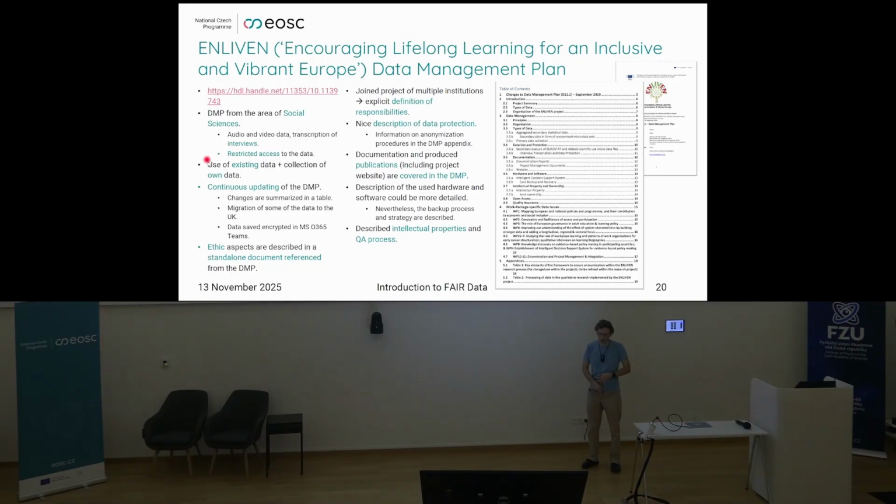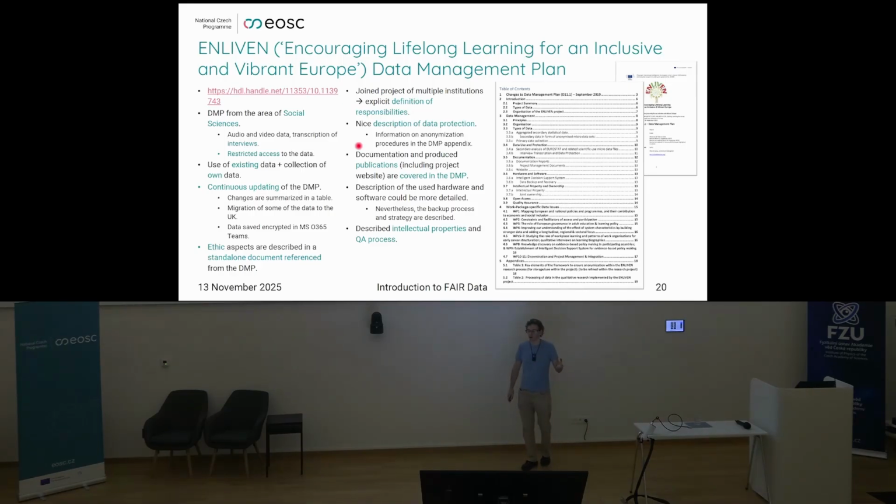The first one, it's a project from social sciences. So not only researchers in a laboratory working with physical samples of blood or something like that need descriptions of handling data, but also social scientists. For example, they often work with people, having interviews, and it happens they are getting audio and video recordings of the interviews.